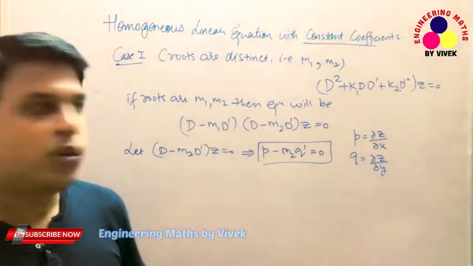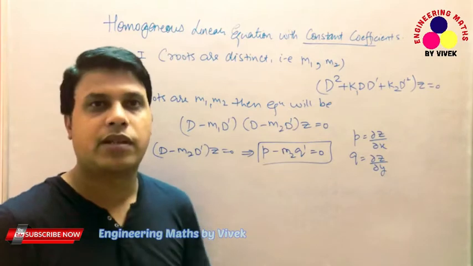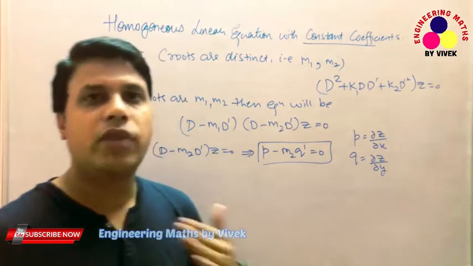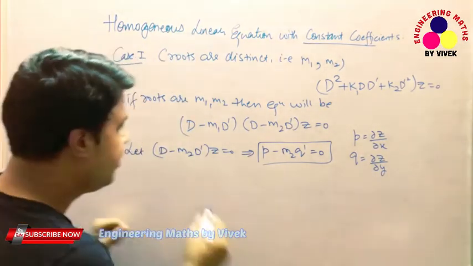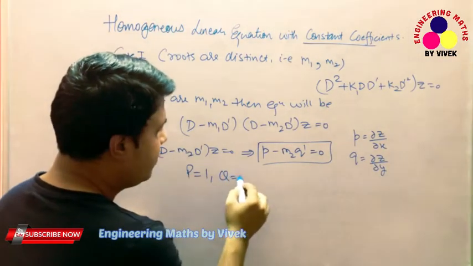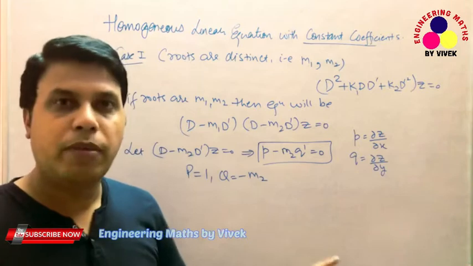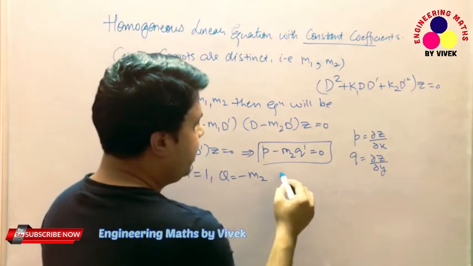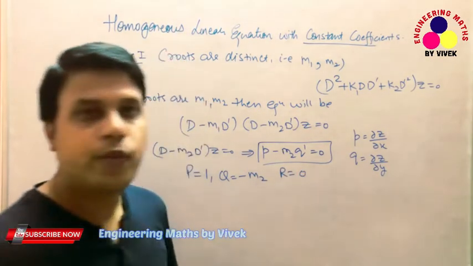Hope this is clear to you. Then it is a Lagrange's equation in which we have to find the values of capital P, capital Q and capital R. So capital P will be 1, capital Q will be minus m2 and R will be 0.